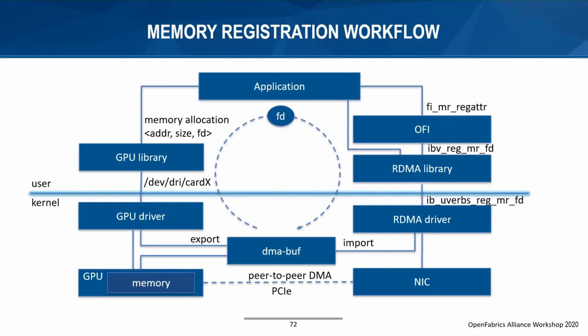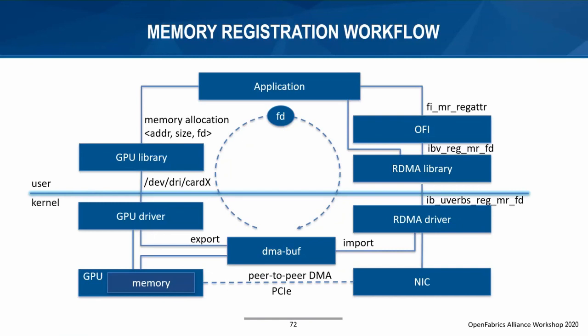The user space library calls into the GPU driver to do the memory allocation. In return, it will get the address, size, plus the file descriptor. On the right-hand side, the application will go into the various user space libraries to do the memory registration. Along the path, the file descriptor will need to be passed down together with other parameters.